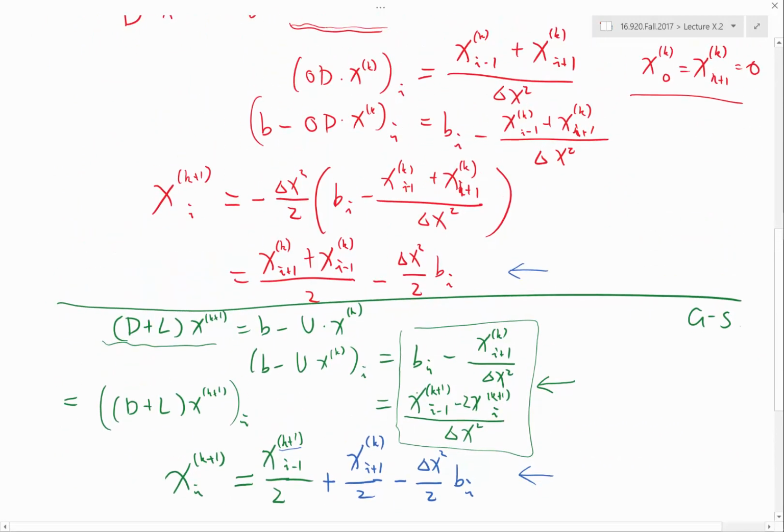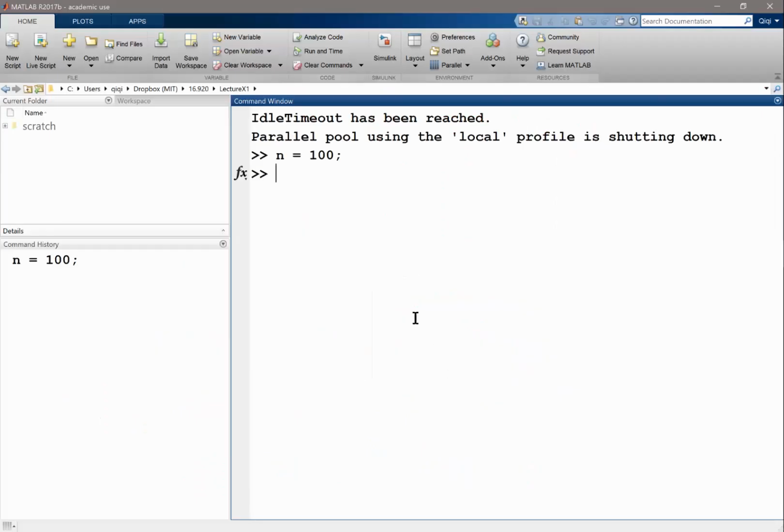We have the formula for both Jacobi up there and Gauss-Seidel down here. Let's just pick b equal to ones of n and 1, so my b is going to be the uniform vector. And I want to start with x equal to zeros of n and 1.